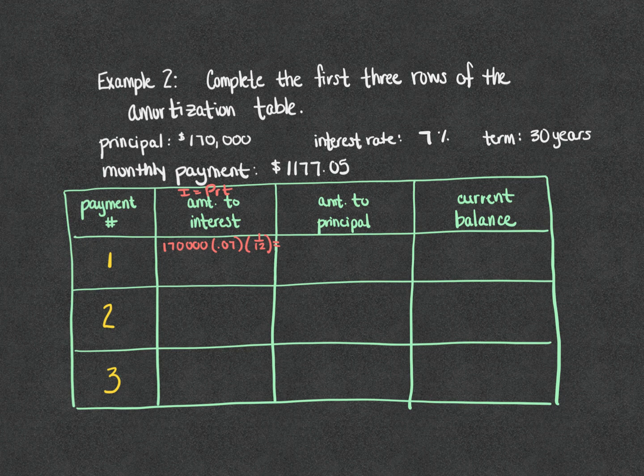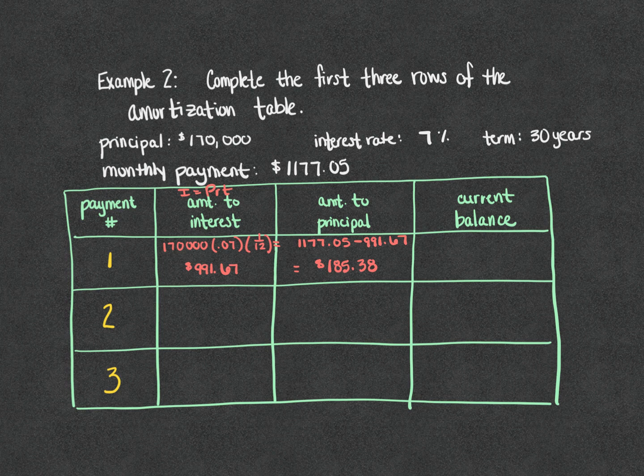Multiplying those values together, we get $991.67. That is the amount of that payment, the $1,177.05, that's going to just pay down the interest. So therefore, if we pay $1,177.05 and $991.67 goes toward the interest, the remainder, $185.38, is what actually goes toward paying down the amount you owe on your loan.